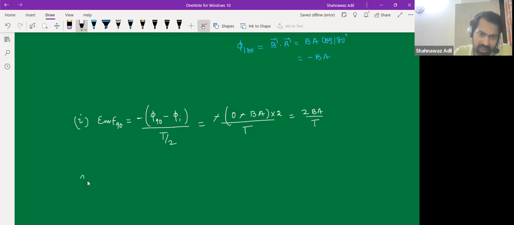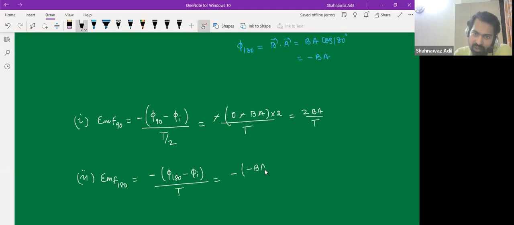Now when we rotate it to, let's say, 180 degrees, this would be minus of phi 180 minus phi initial, in t time. So this is minus of, let's say, minus VA minus VA, and then divided by t.